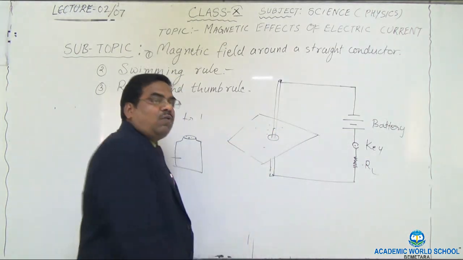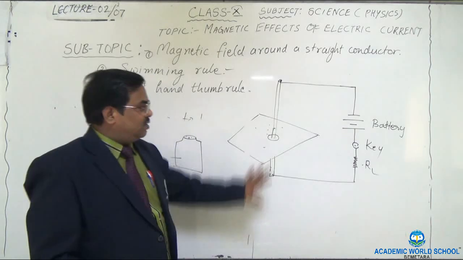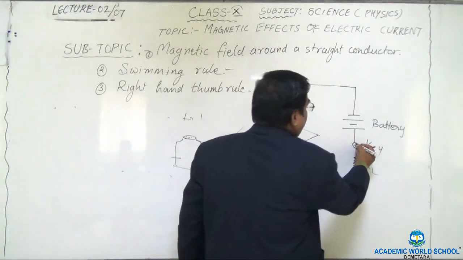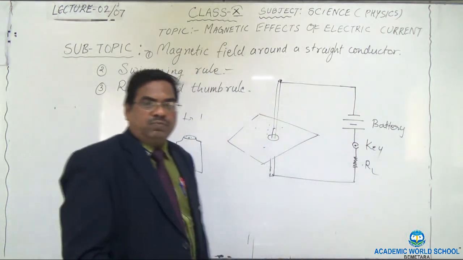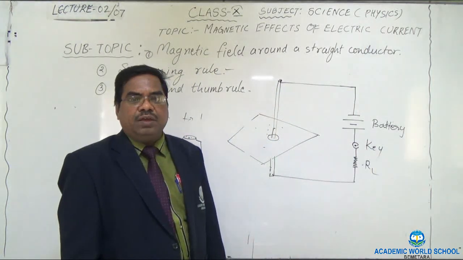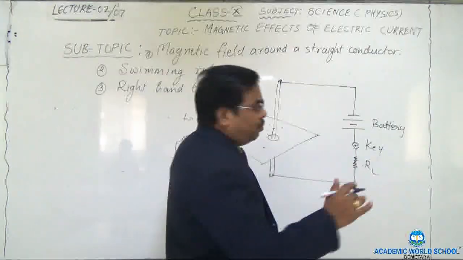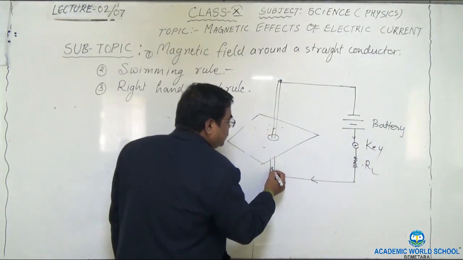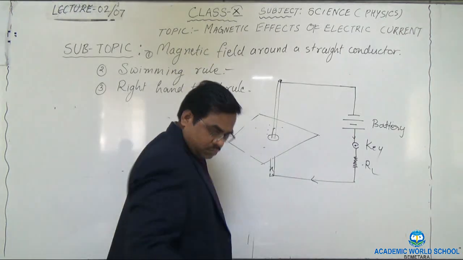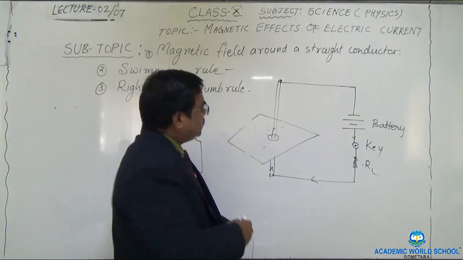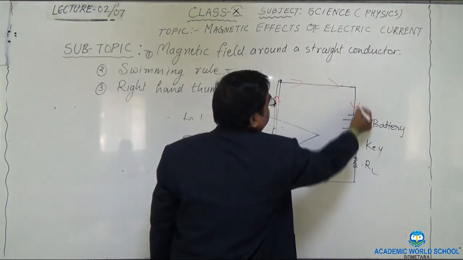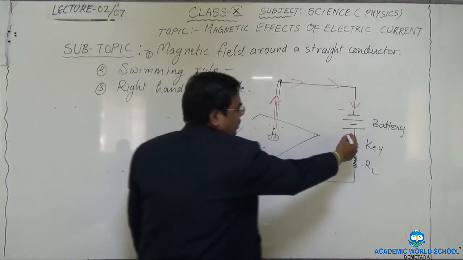Now, after evenly sprinkling, switch on the key. Once you switch on the key, you cannot see it, but the current will start flowing in the circuit. The current is flowing in the wire from positive to negative.